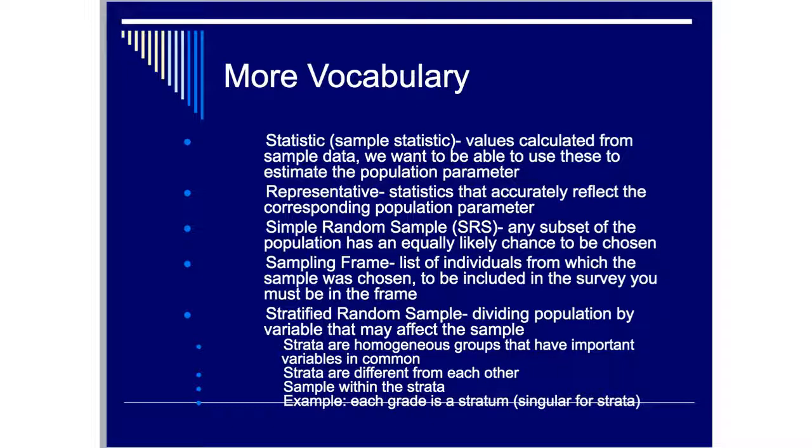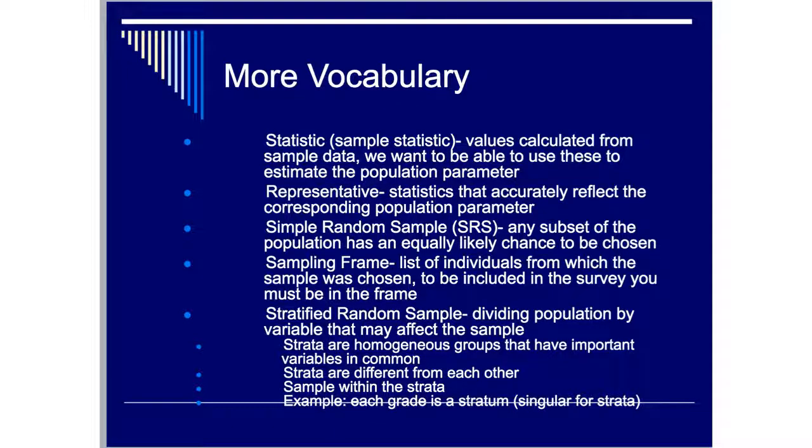So I'm going to stratify my sample by dividing up my population, and I'm going to randomly sample 25 freshmen, 25 sophomores, 25 juniors, and 25 seniors.